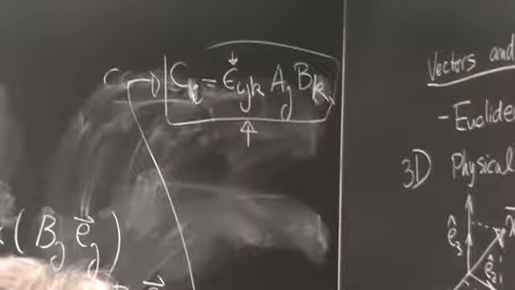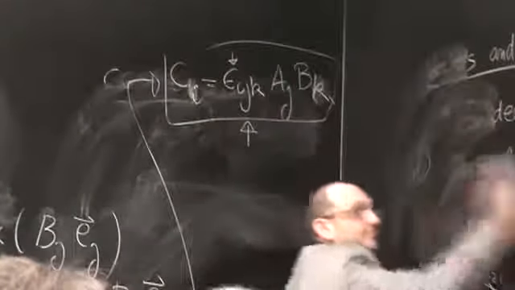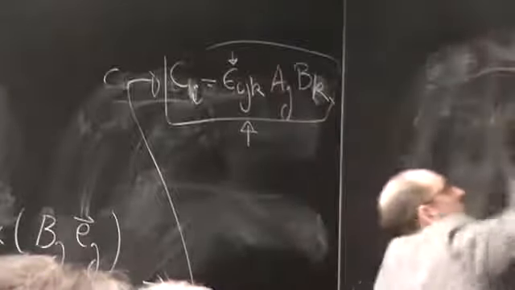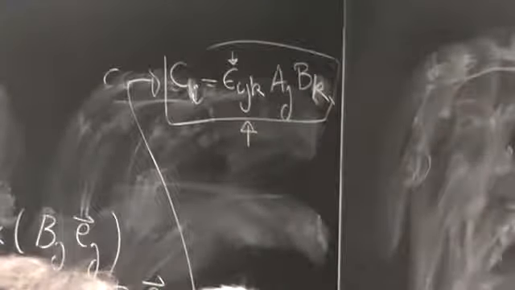So let's do an example here. One last thing, I have one identity here that's extremely useful. Suppose I look at epsilon ijk times epsilon klm, summed over k. So whatever's left depends on the fixed indices i, j, l, m.